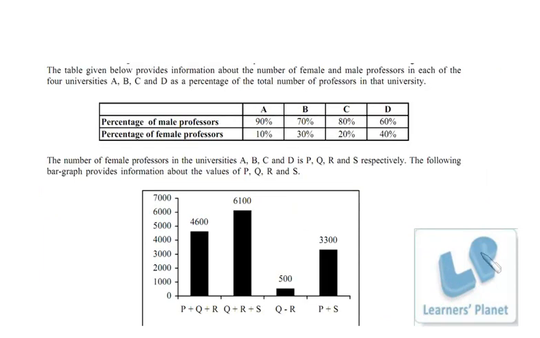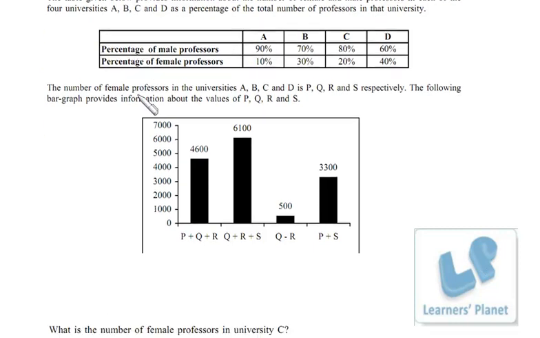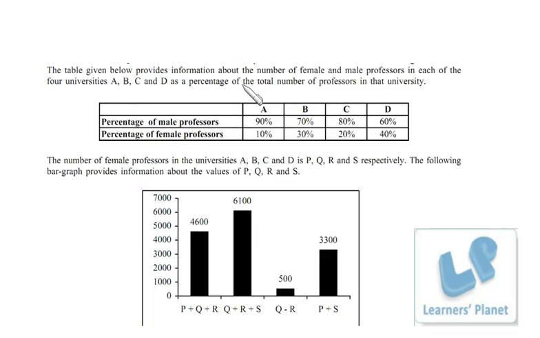Now let's see the set of questions. The table given below provides information about the number of female and male professors in each of the 4 universities A, B, C, D as a percentage of total number of professors in the city. Male professors, female professors. The number of female professors in the universities A, B, C, D is P, Q, R, S respectively.